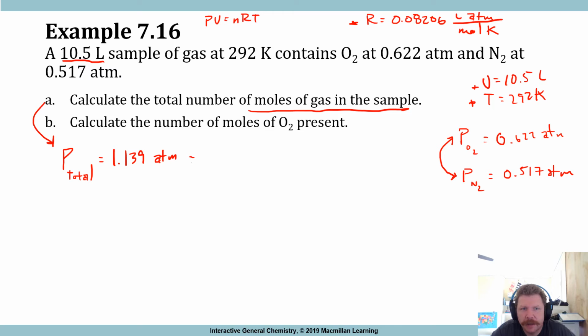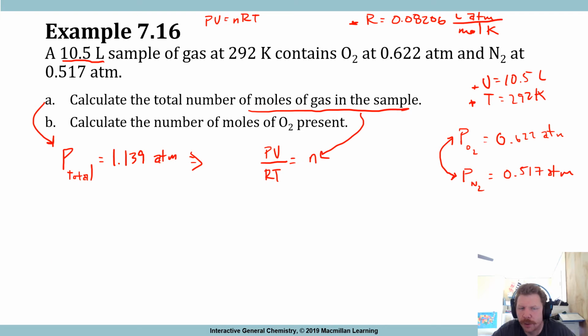So I'm going to take PV equals nRT and rearrange it to isolate n. So P times V divided by RT equals n, because that's going to give me the total number of moles of gas.